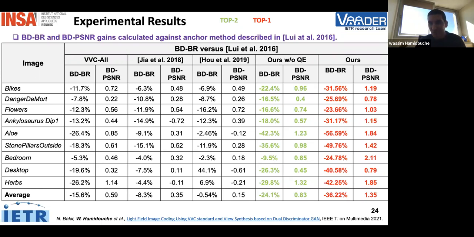We can maybe gain 1%, 2%, or 3% over VVC, but we cannot gain this 36, because this 36 is really what VVC gains compared to HEVC with all the tools. If we make VVC more complex, we can maybe gain 1% to 5%, but not 36. It is very high. It is equivalent to what the whole standard is able to reach.